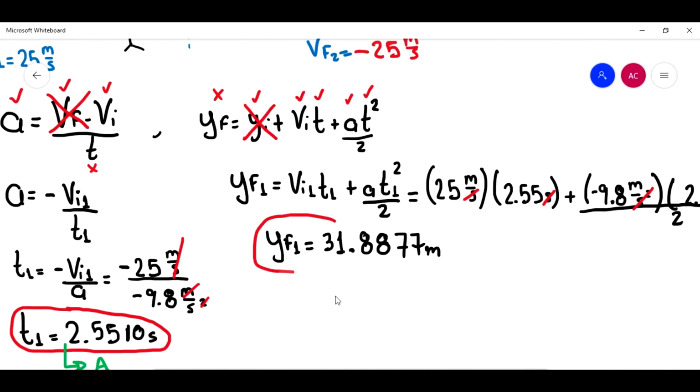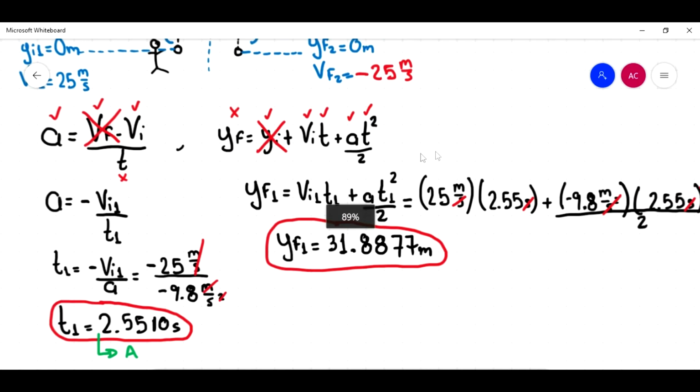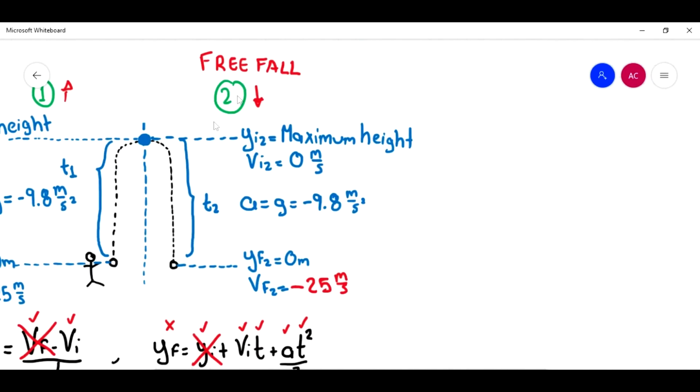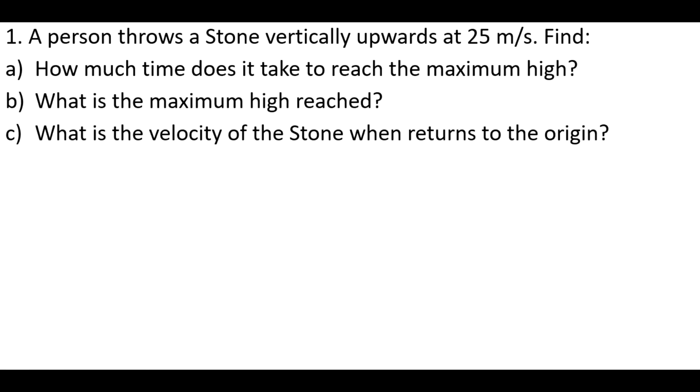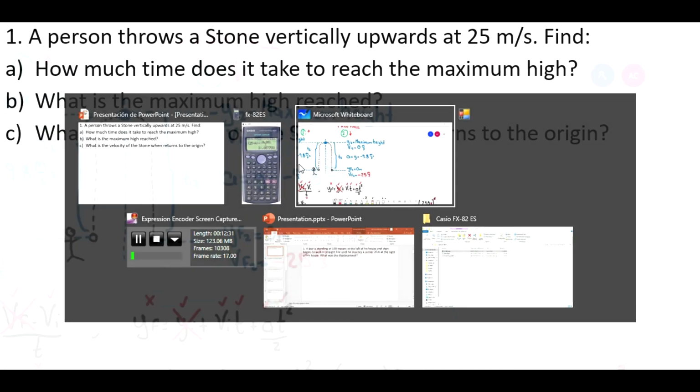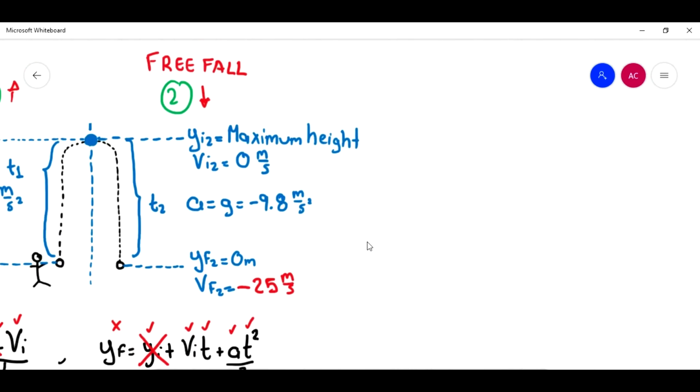But before we finish the problem, what would have happened if I chose segment number 2 in order to find letter B, the maximum height reached? So let's say that I choose the second segment, and I'm going to write it here.